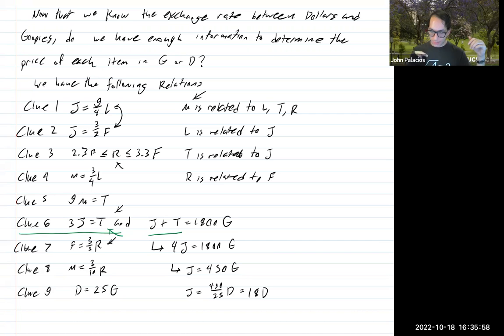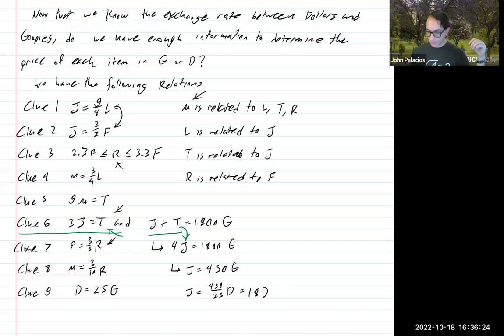So a tank is equal to 3J, which brings us to this equation here. So 1J plus 3J is 4J, and we can divide both sides by 4. Thank goodness everything here is divisible by 4. We have J is equal to 450 goopies. So the price of a jacket is 450 goopies.